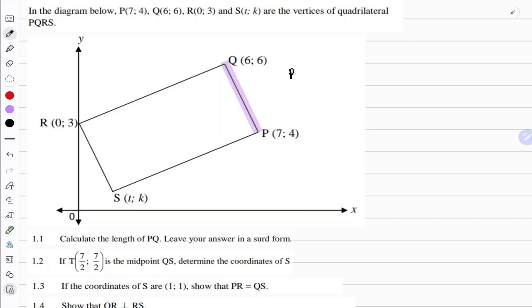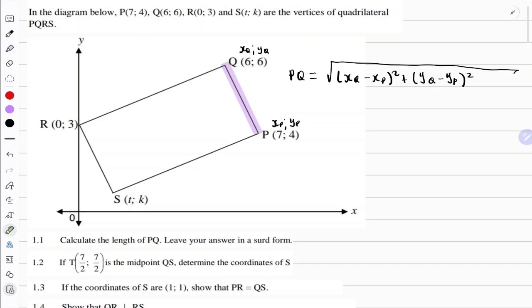We can write PQ is equals to the square root of (XQ minus XP) squared plus (YQ minus YP) squared. For our given equation, I've written XQ and YQ that correspond to 6 and 6 for Q, and XP and YP that correspond to 7 and 4 for P. This just makes substitution easier.